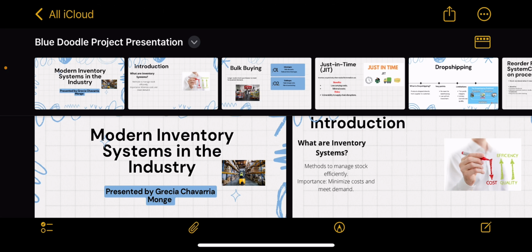It is a vital part of supply chain management and can include items at various stages of production, storage, or sales. We can have different types of inventory, like raw material inventory, which are basic inputs used to produce finished goods. It could also be work in progress, products that are in the production process but not yet completed.